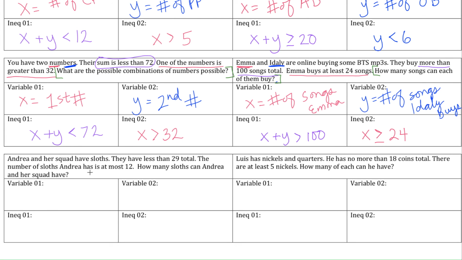And let's do our last two. So Andrea and her squad have sloths. They have less than 29 total. So let's just jump to the question. It says, how many sloths can Andrea and her squad have? I guess each.